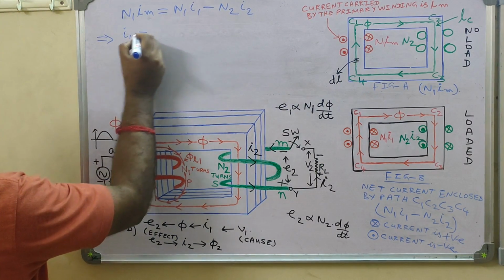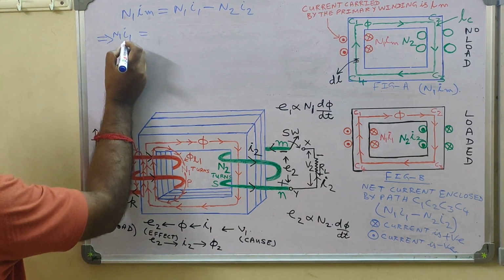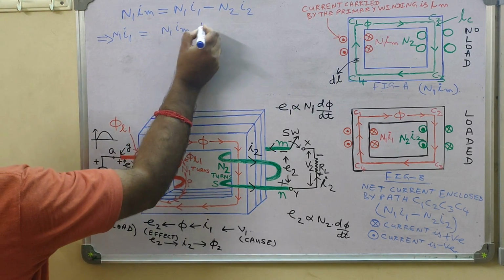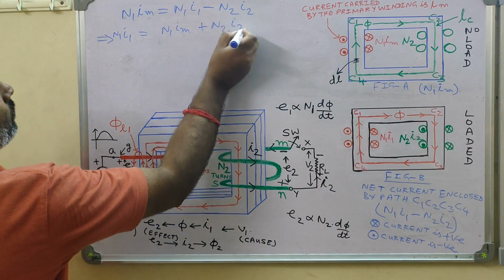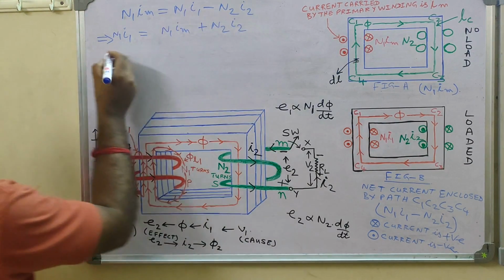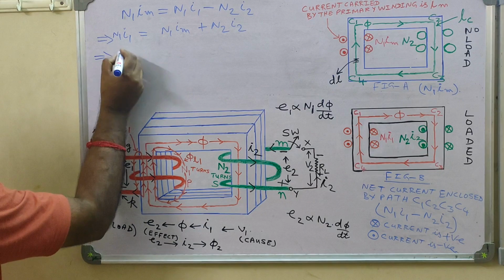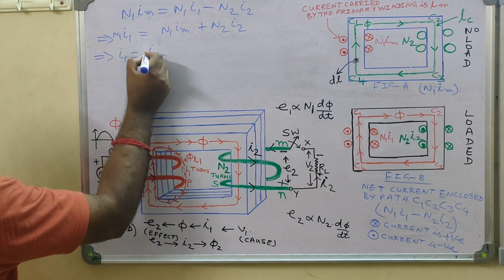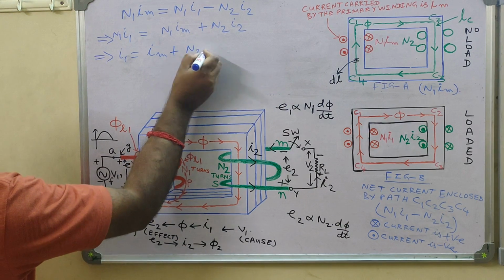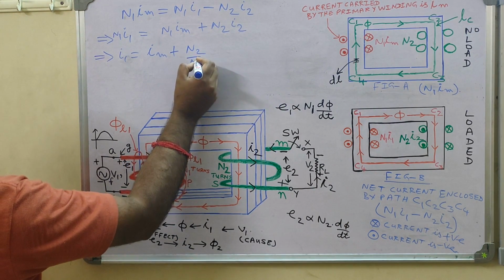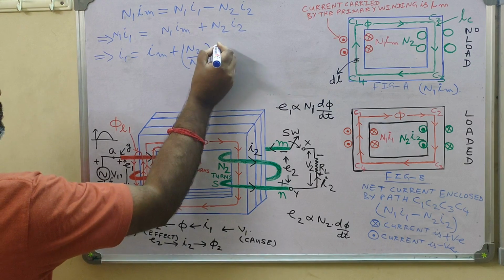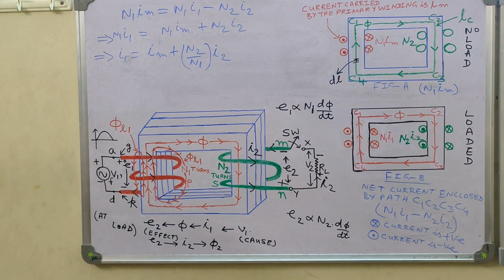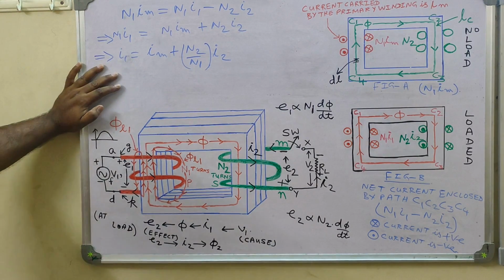So it will be N1 I1 equals N1 Im plus N2 I2. N2 I2 is coming to this side. Divide by N1, and you get I1 as Im plus N2 by N1 into I2.